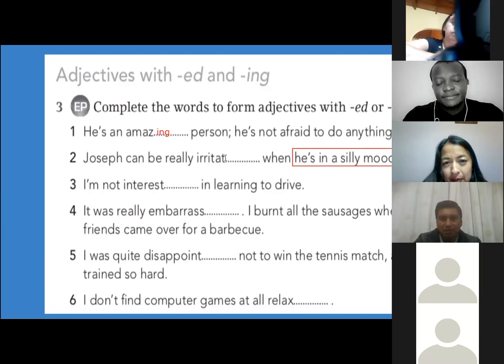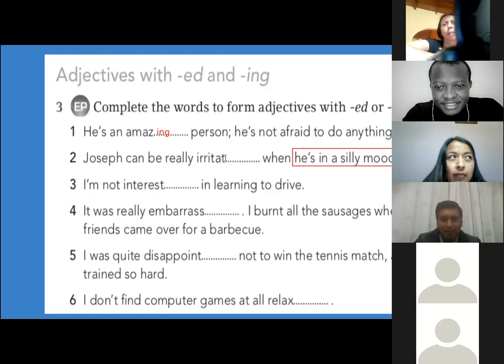Yes, ING, other people. We are talking about the reaction of other people towards Joseph. So is that how people feel or why they feel what they feel?